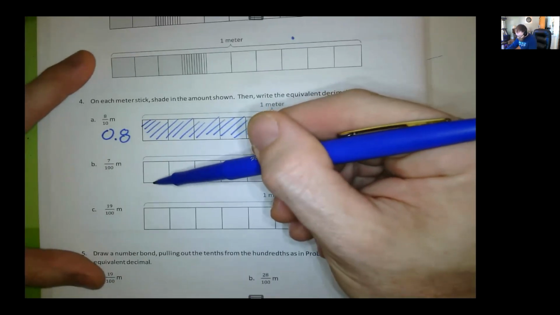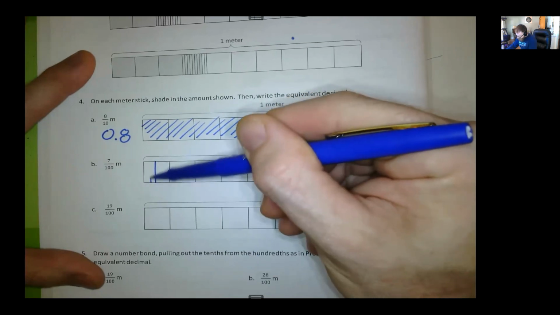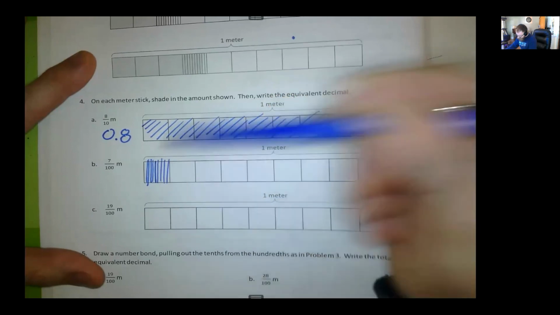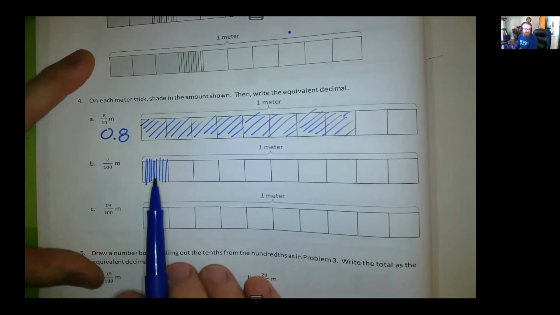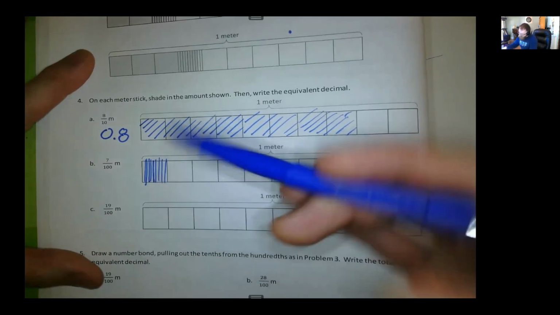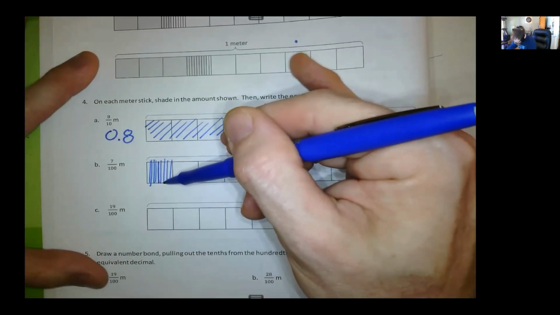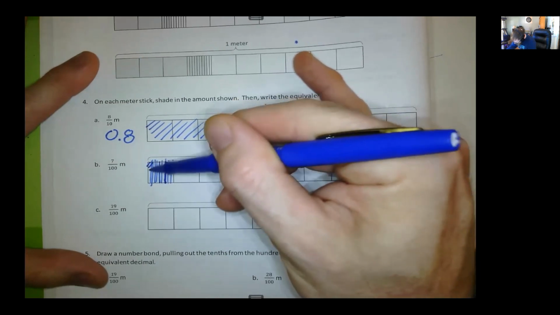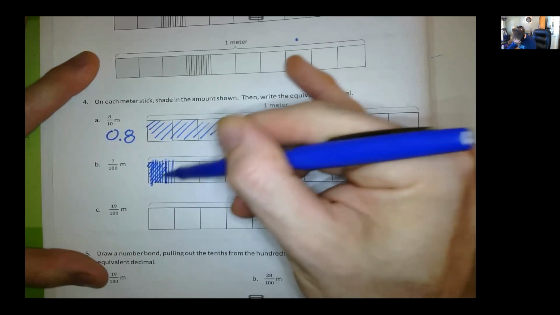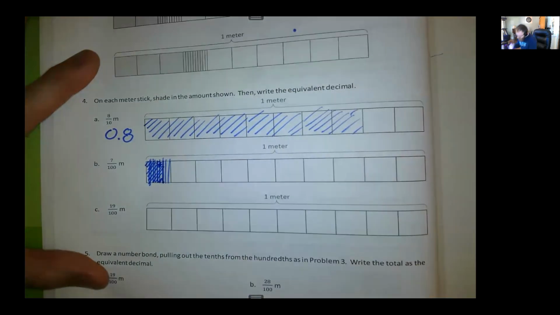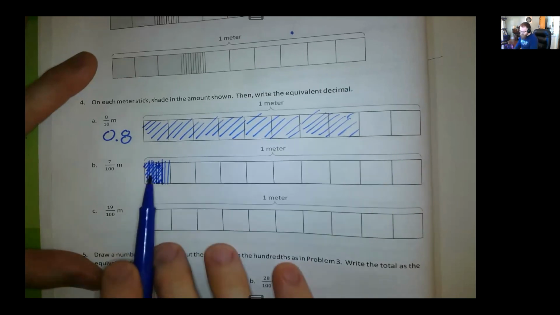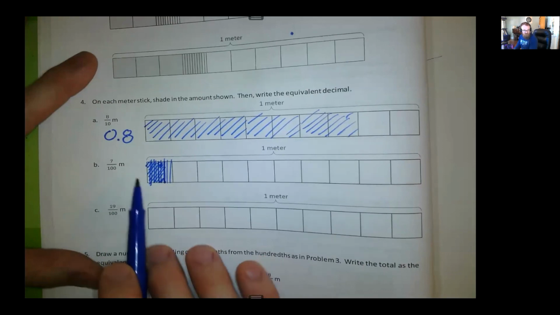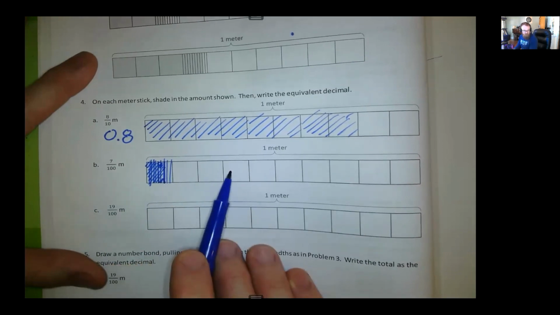So if this tenth is separated into 10, you're going to shade just 7. So it might be hard to do neatly because it's such a small space, but we need to try to shade in 7 out of 10 in that small section there, because 7/100ths is just 7 centimeters out of 1 meter.